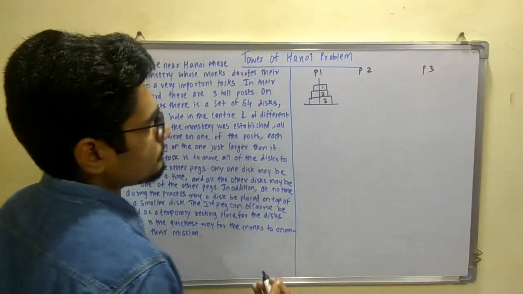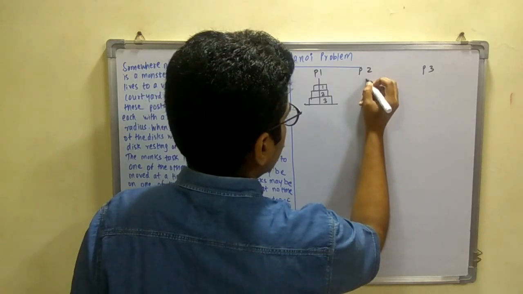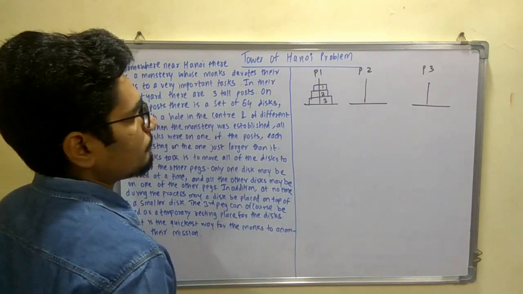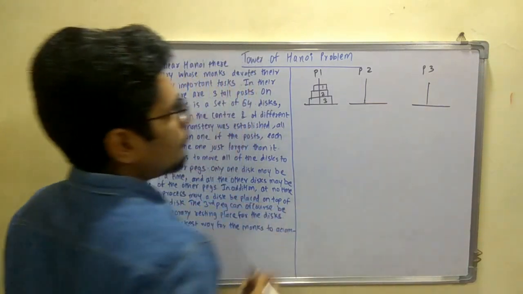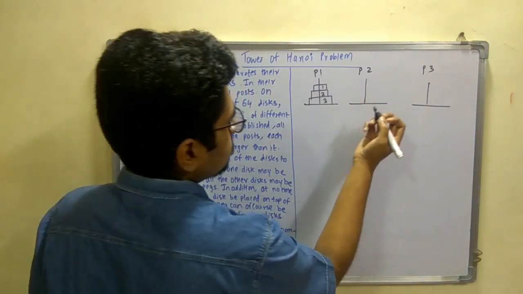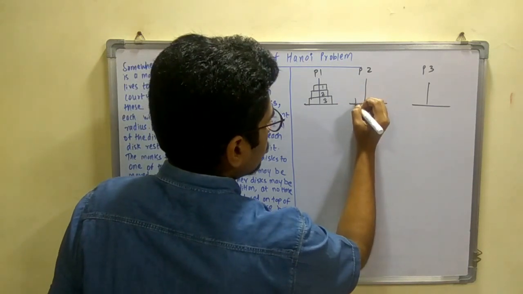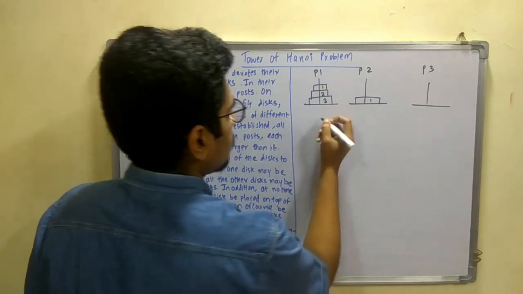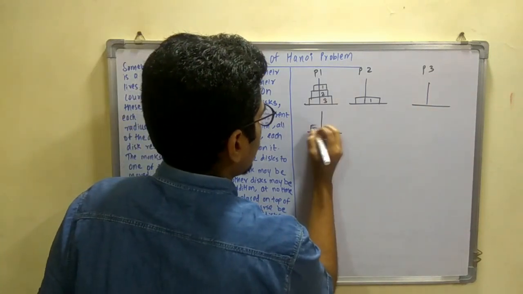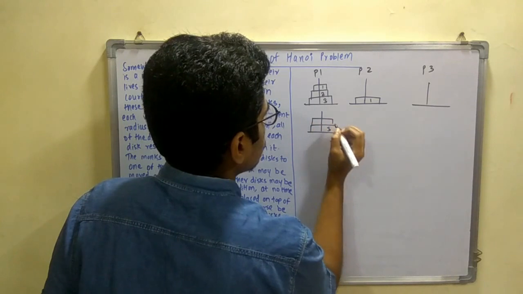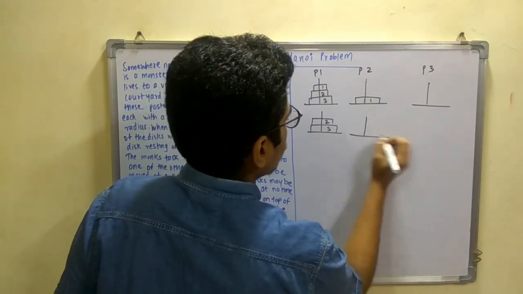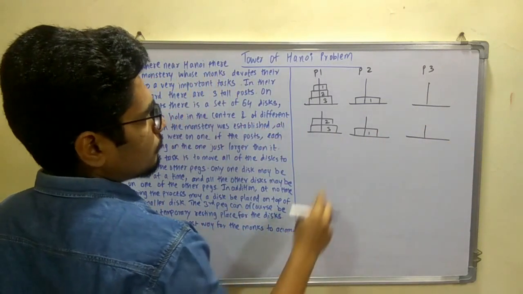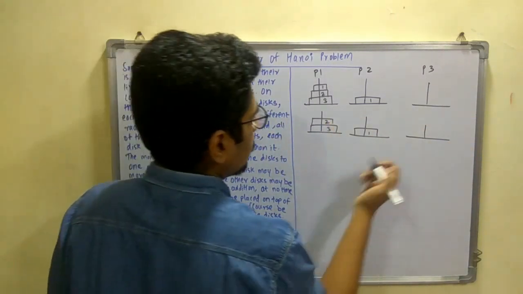First of all, we have this one. We have another post, and this is the third post. At the very first move, we move peg 1 to here, and post 3 is empty. Now we again do this. We have this much left, and this is 1 here. Now we move peg 2 here.